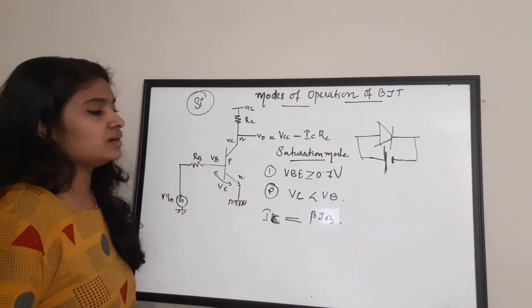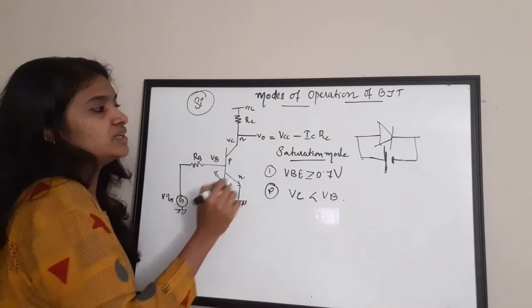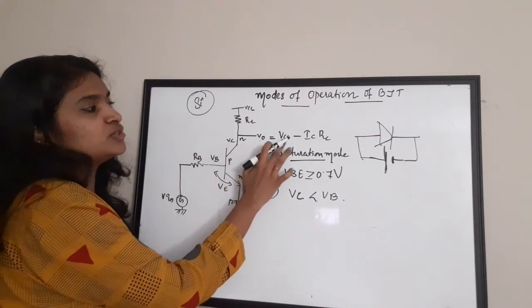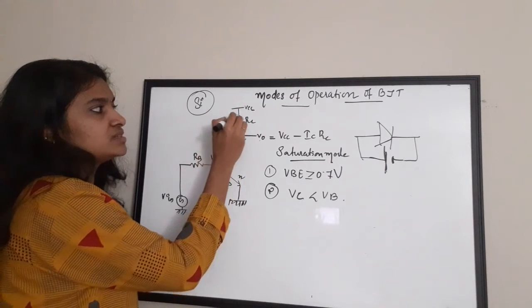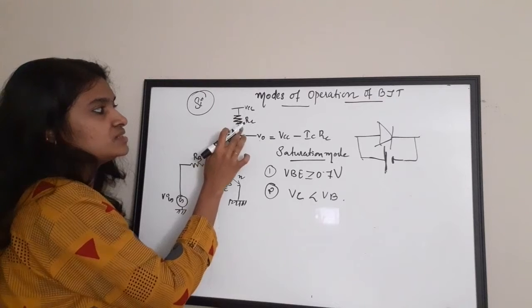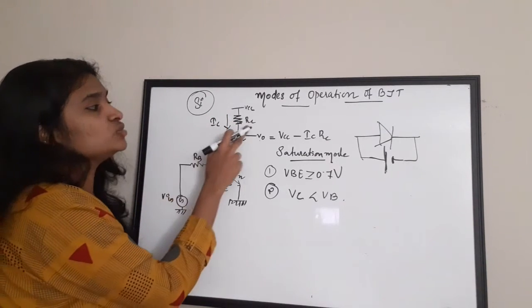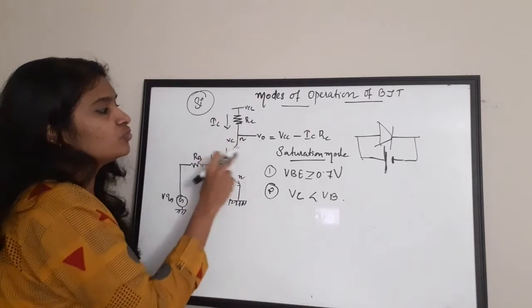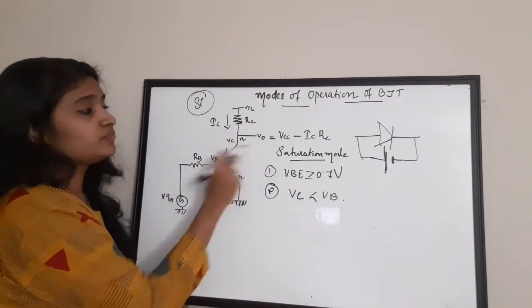So what will happen to V out? Here the V out equation is V out equals VCC, that is this voltage, minus the voltage drop across this resistance. The current flowing through is IC, so IC into RC will be the voltage drop, and V out is taken at VC.